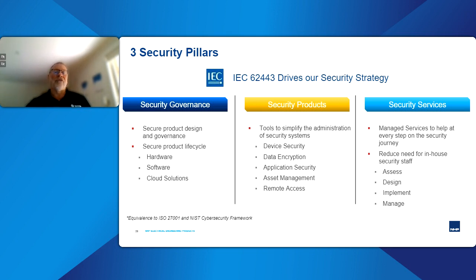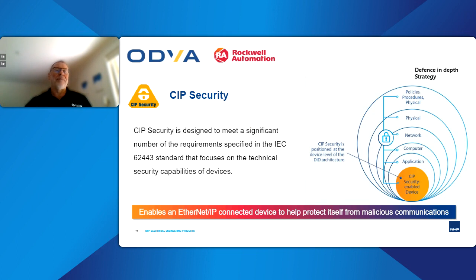But I'm going to push ahead here a bit. So CIP Security, I told you, is the last line of defence in the defence in depth strategy, which is spelled out by all the standards organisations.